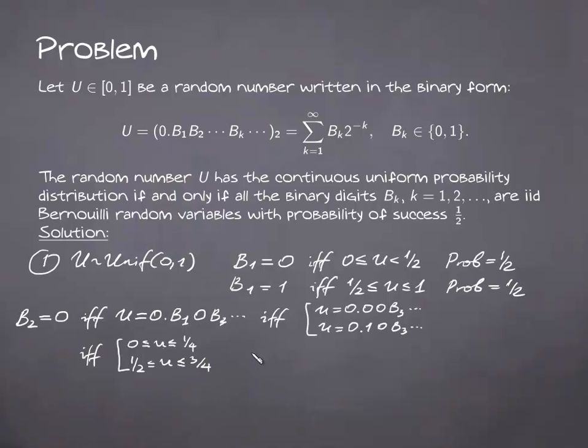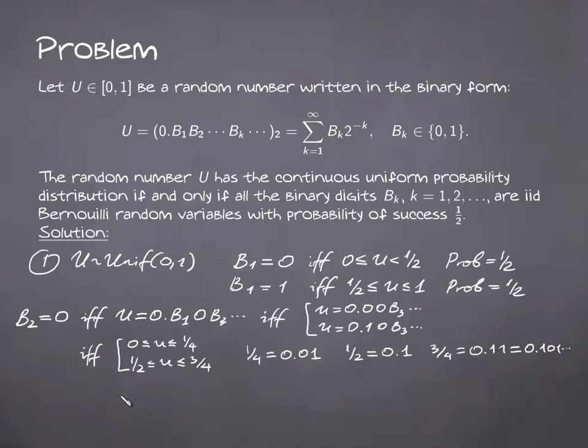Just to remind you, 1/4 can be written as 0.01, 1/2 is written as 0.1, and 3/4 is 0.11, or it can be written as 0.10 followed by an infinite tail of ones.